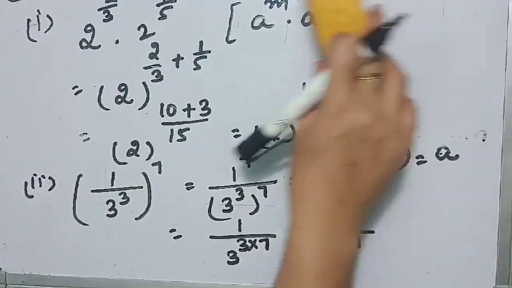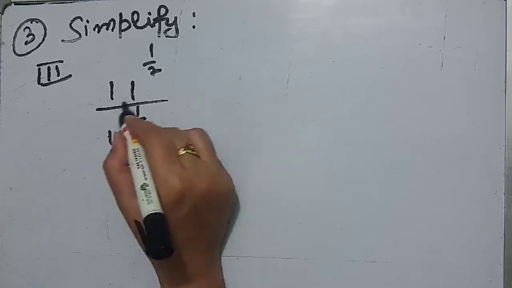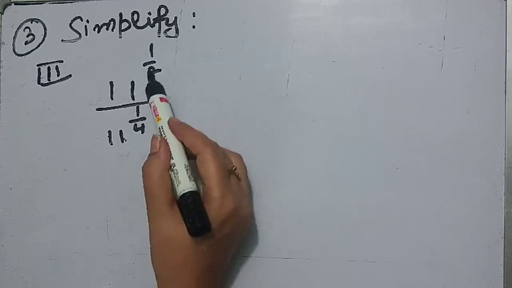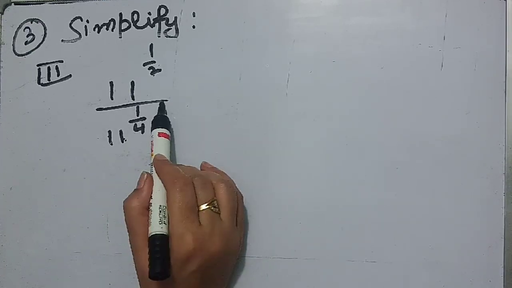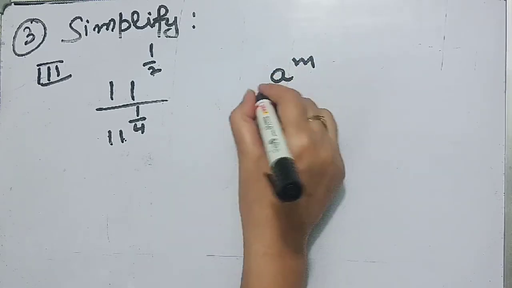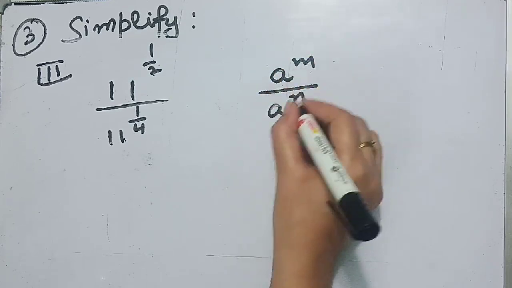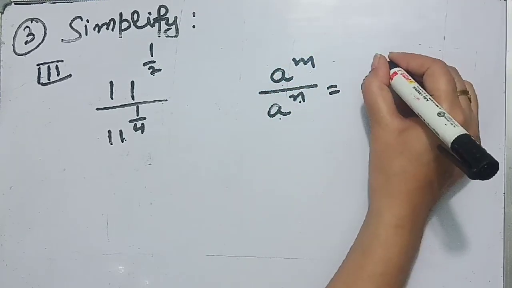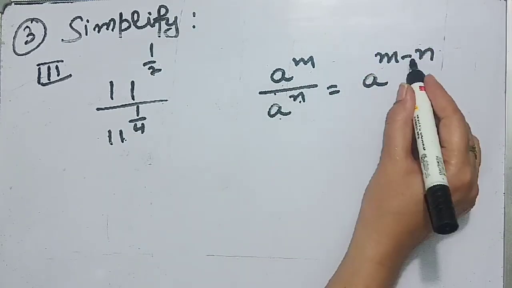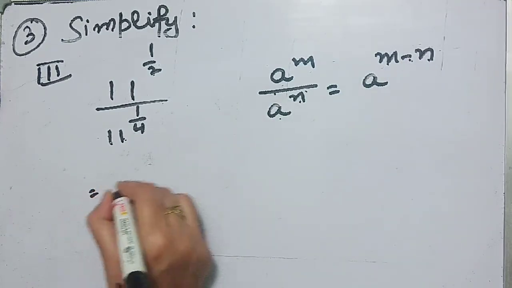Now the third part is 11 power 1/2 divided by 11 power 1/4. When the bases are the same, powers are different and the sign is divide, then the identity that will be followed by us is a power m over a power n is a power m minus n. When the sign is multiplied, then both powers are added. When the sign is divided, then both powers are subtracted. Now the base is 11.